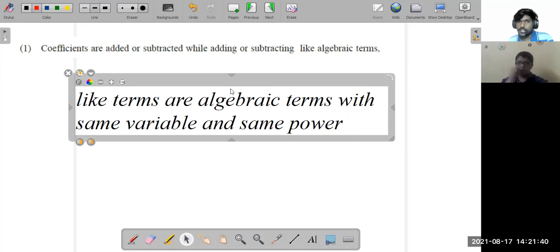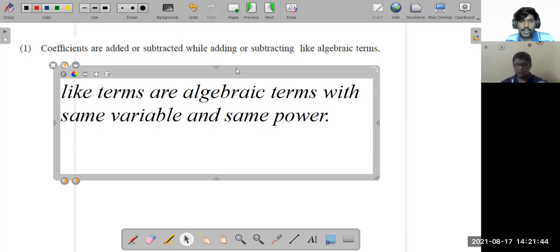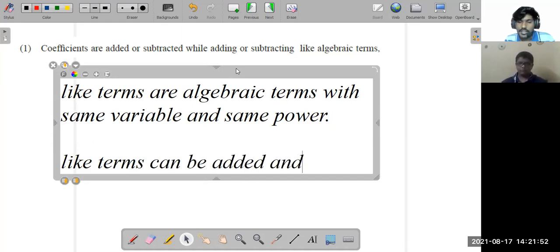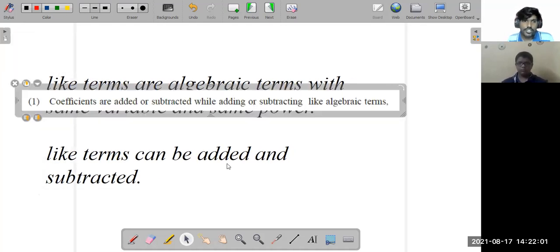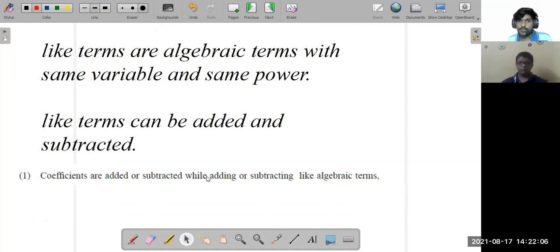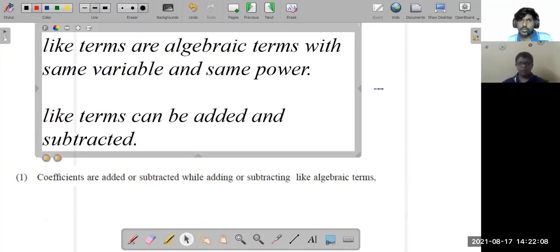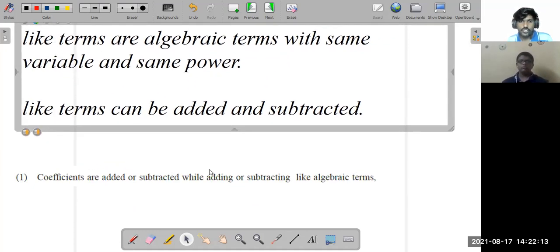And like terms can be added and subtracted. To add and subtract like terms, you just have to add or subtract the coefficients in front of them.